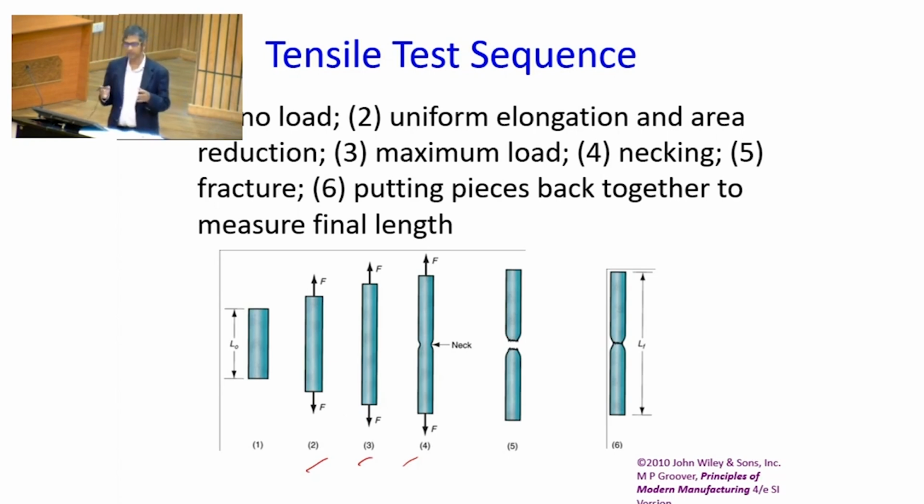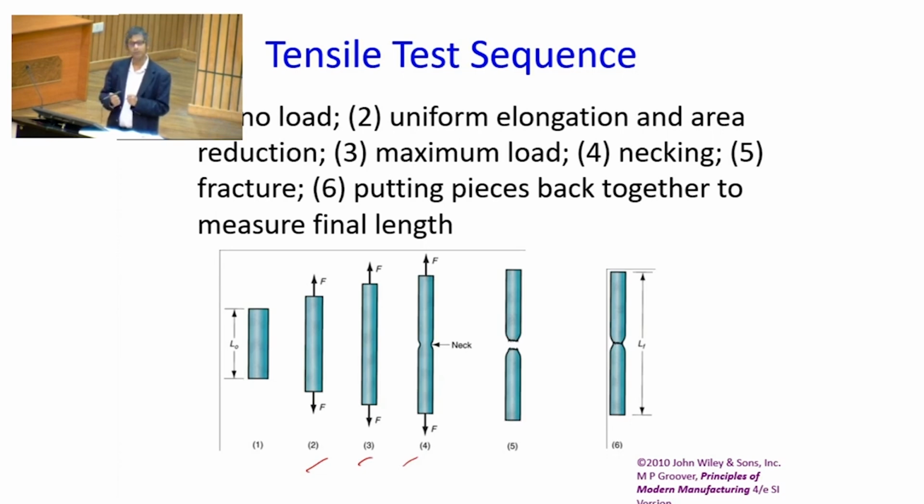Remember, by deformation we are talking about plastic deformation, not elastic. Okay, that is our basic objective. We are nowhere bothered about the elastic deformation here. We are mostly bothered about plastic deformation. So, at the beginning, the deformation is uniform all throughout the sample.